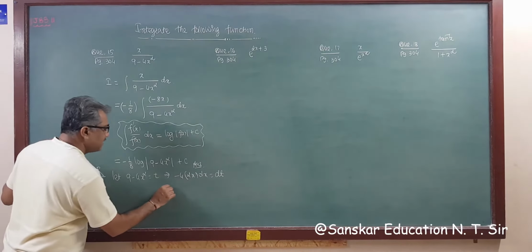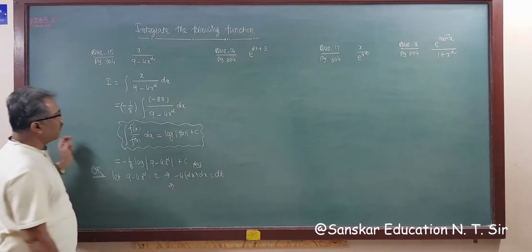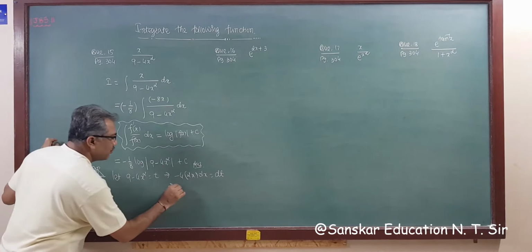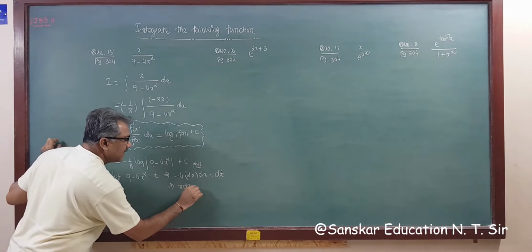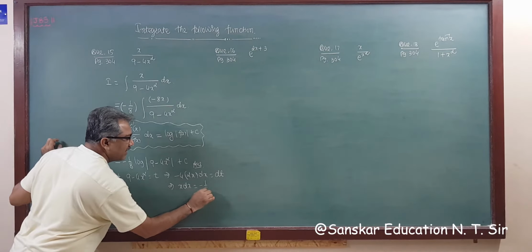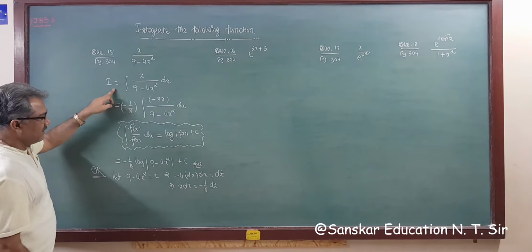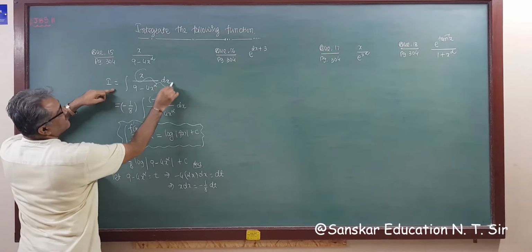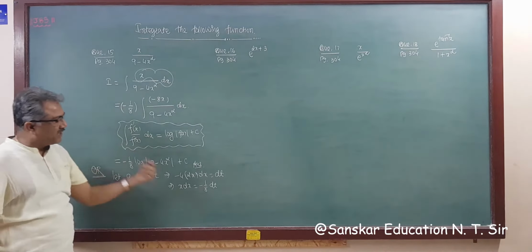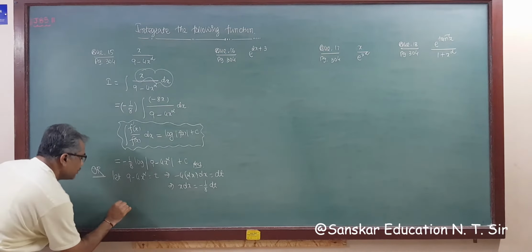So what do we get? This implies x dx, because we have only x. So x dx is equal to minus 1 upon 8 dt. Substituting this, x dx becomes minus 1 upon 8 dt. So what is I?